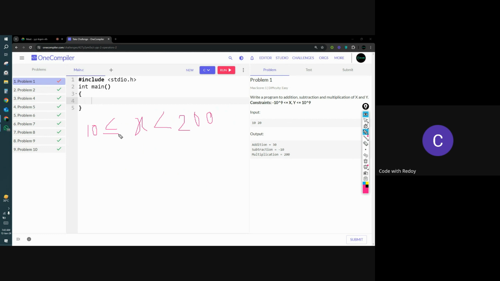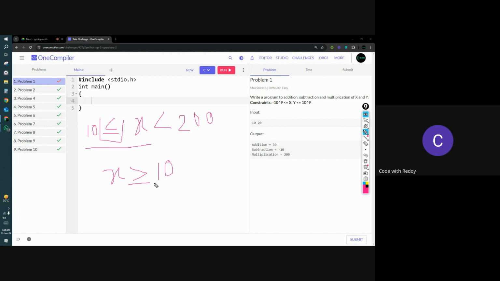Look, this operator is called less than or equal. That means for this operator, I mean, one operator but two conditions. That means the value of x is greater than or equal to 10, so x can be greater than 10 or equal to 10.